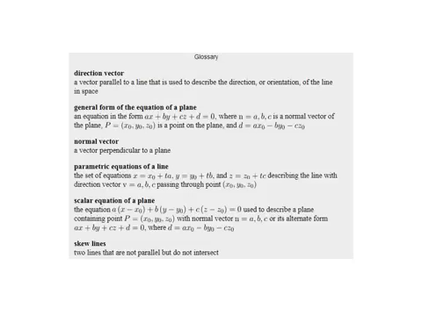Normal vector, a vector perpendicular to a plane. Parametric equation of a line, the set of equations x equals x naught plus dA, y equals y naught plus dB, and z equals z naught plus dC, describing the line with direction vector v equals a, b, c passing through the point x naught, y naught, z naught.